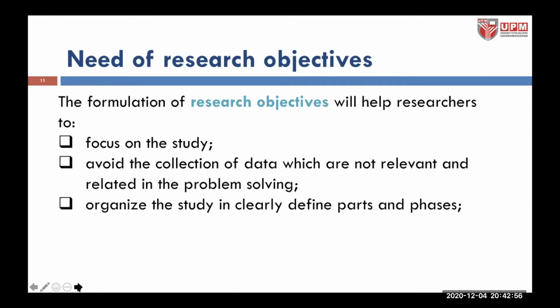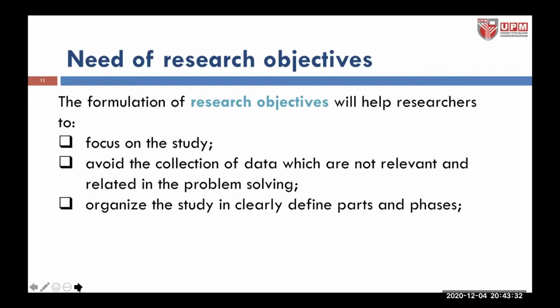And then it will be very helpful to organize the study in clearly defined parts and phases. Normally, with a good research objective, you do number one first. After you complete number one, you continue to number two, and then the following objectives, and it can be tailored to your research methodology flowchart. If we relate back to our K chart, you can easily say this is objective number one, this is objective number two, and this is objective number three.